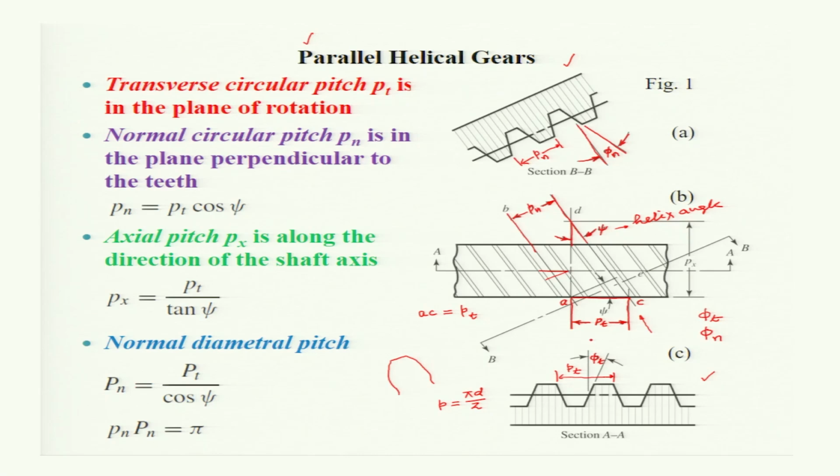So this PN is this distance. This is the center line of one gear tooth, and this is the center line of the adjacent gear tooth.